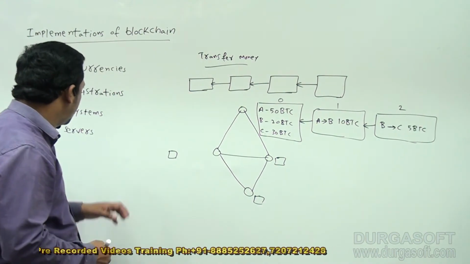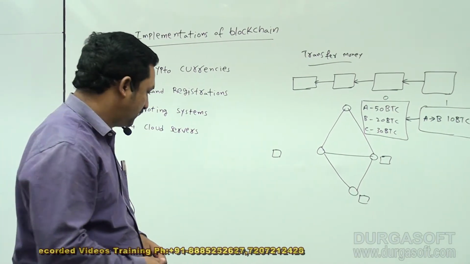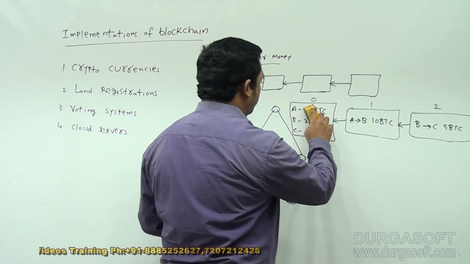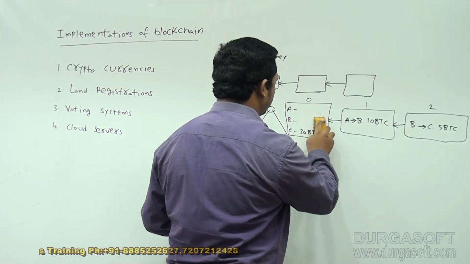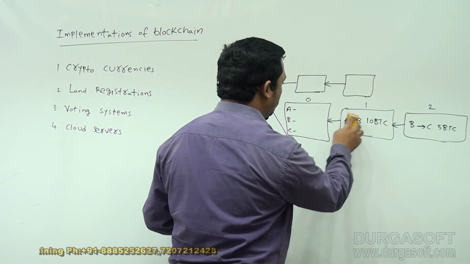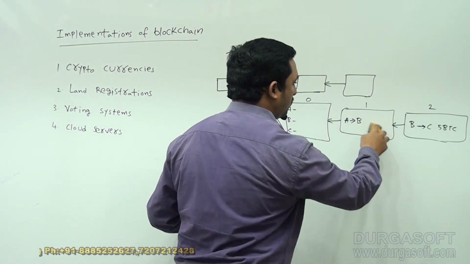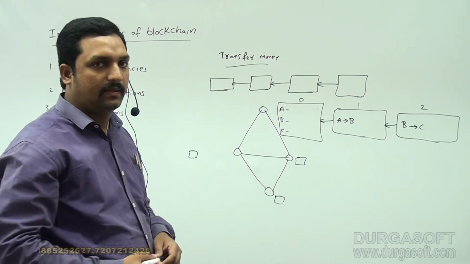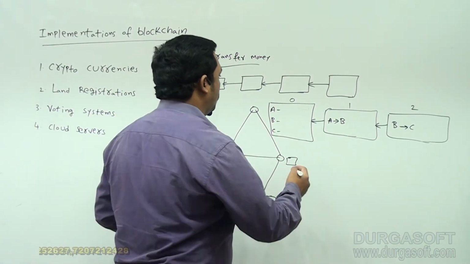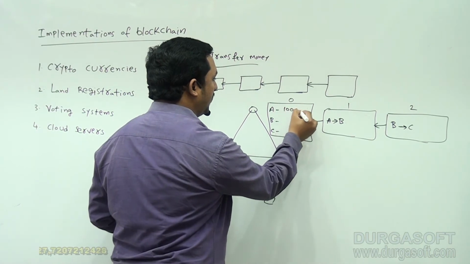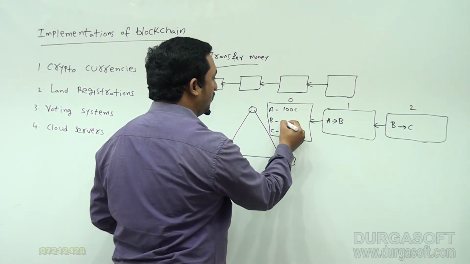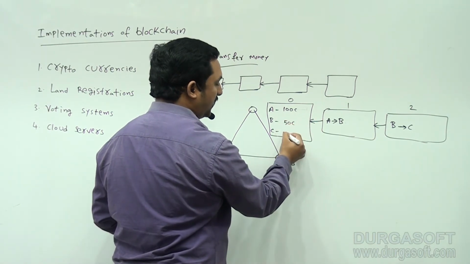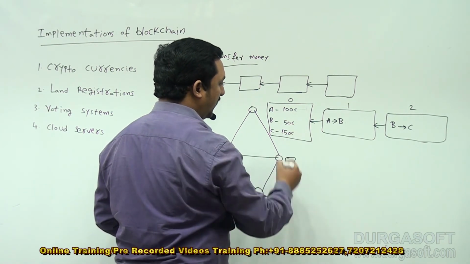Okay, let's understand the next one, land registration. Here also the same situation repeats. Suppose we have 3 people, A, B, C. I have 100 cents of land, another person has 50 cents of land, and another has 150 cents of land.